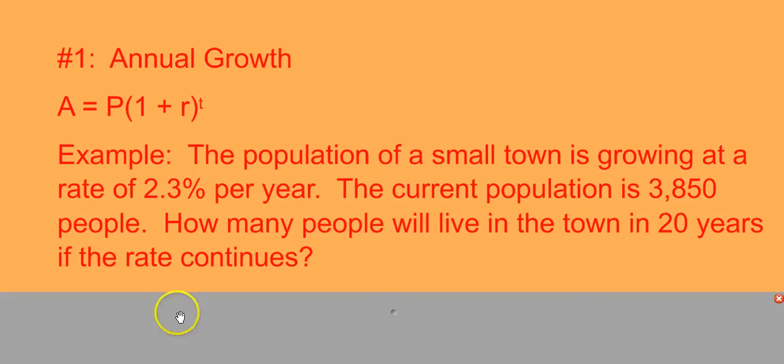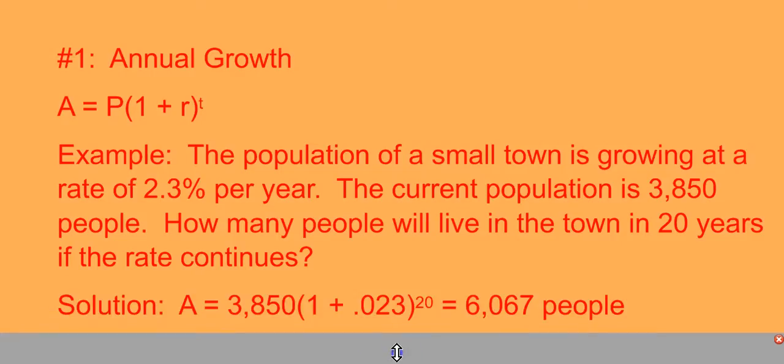So if we want to calculate this solution, in order to calculate our A, we take the original P, the original population or the principal amount, 3,850, times 1 plus the rate. You notice the rate here, 2.3%, you move the decimal 2 places to make it into 0.023, and our time is T, 20 years.